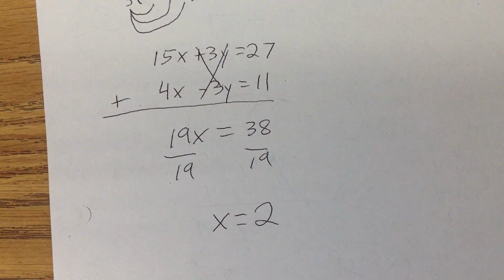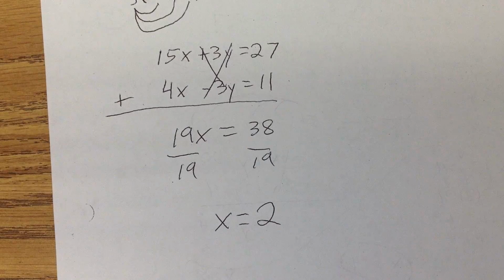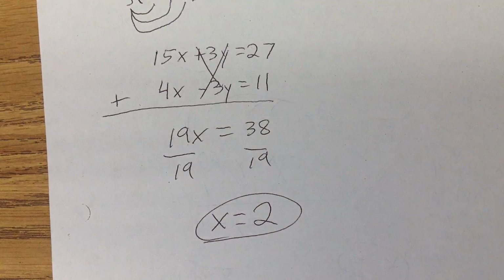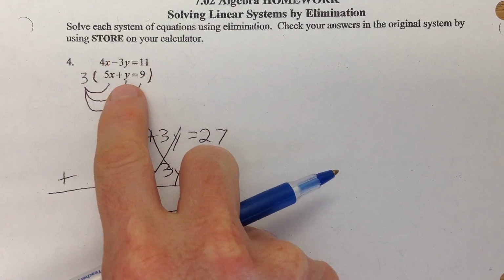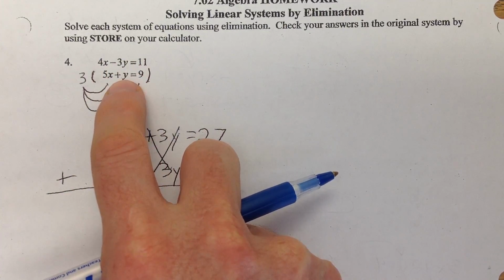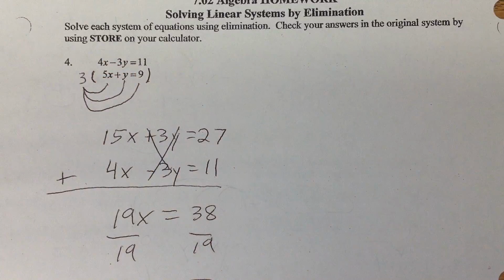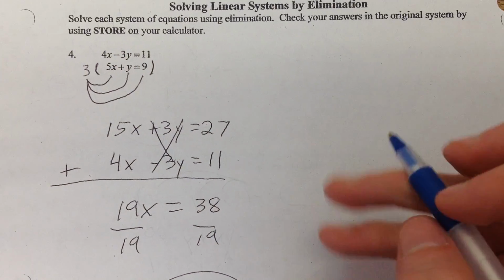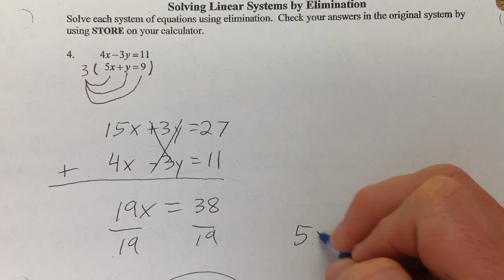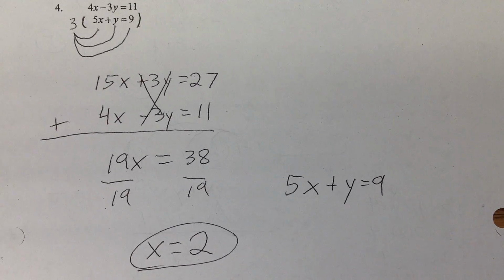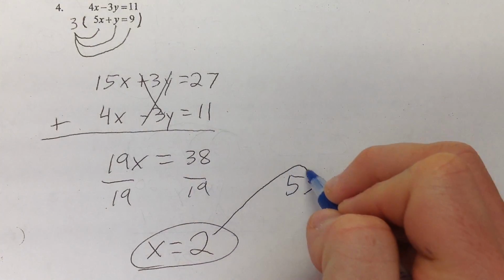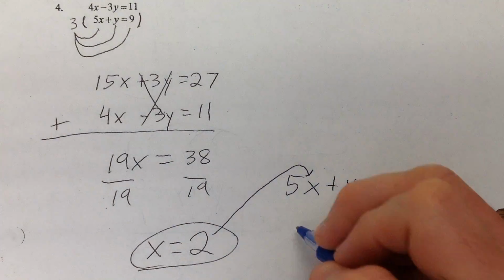All right, so that's step 1. Step 2 is to find my y. I need to have both letters. So again, you pick either one of these. I'm going to go with this one just because it doesn't have subtraction, which means there's no negative signs to worry about. So let's see, 5x plus y equals 9. This 2 is going to get plugged in for the x.